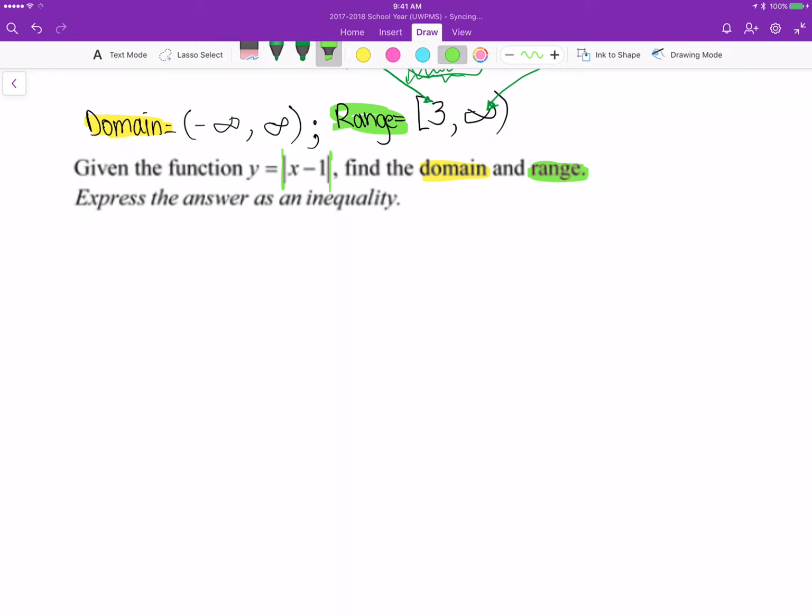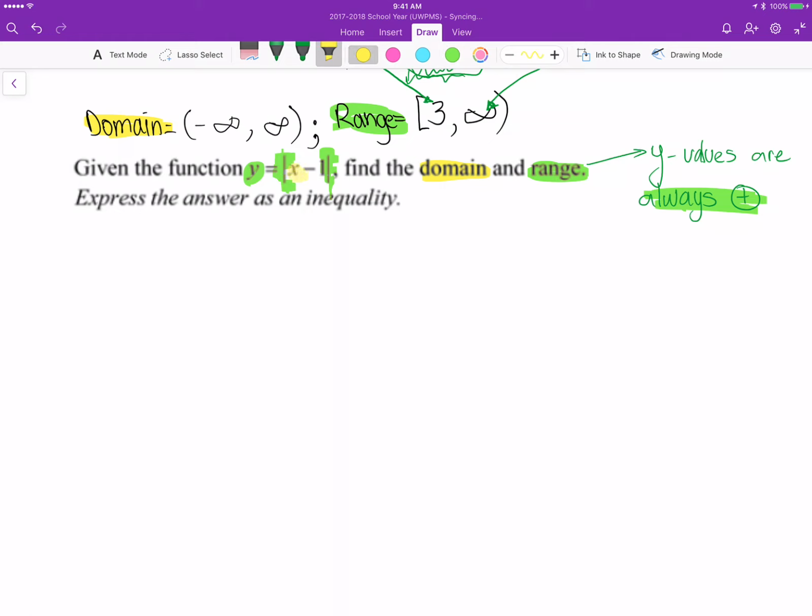Because I have an absolute value, my y values are always positive because of the absolute value. Again, I'm going to highlight that absolute value in green. That's why.